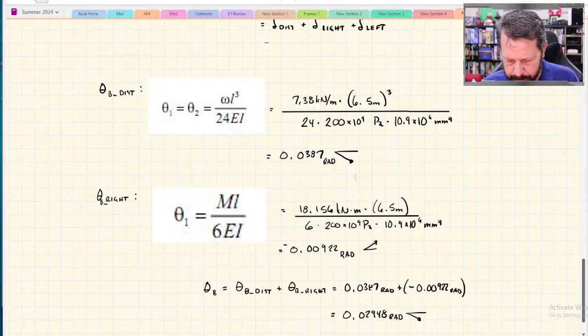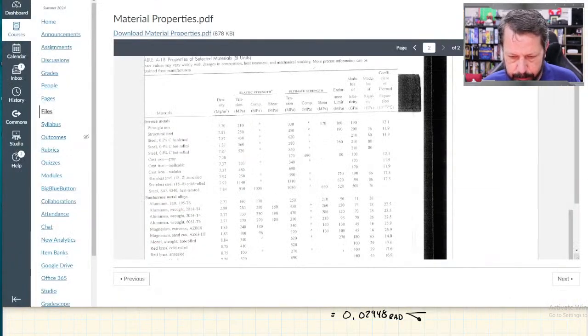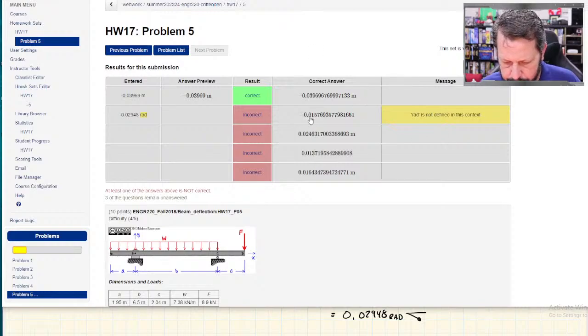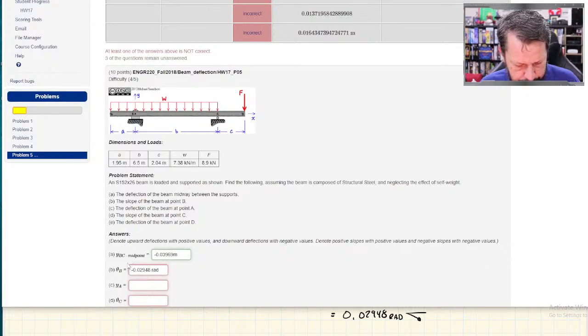It wouldn't matter which one we're calling positive and negative because you don't combine either of these together. Where is it at? 0.0157. I am putting it in the right spot. Slope of the beam at B, yes.